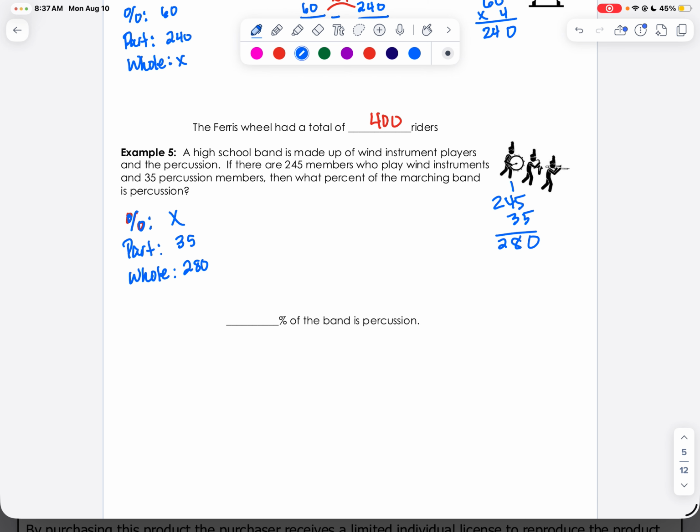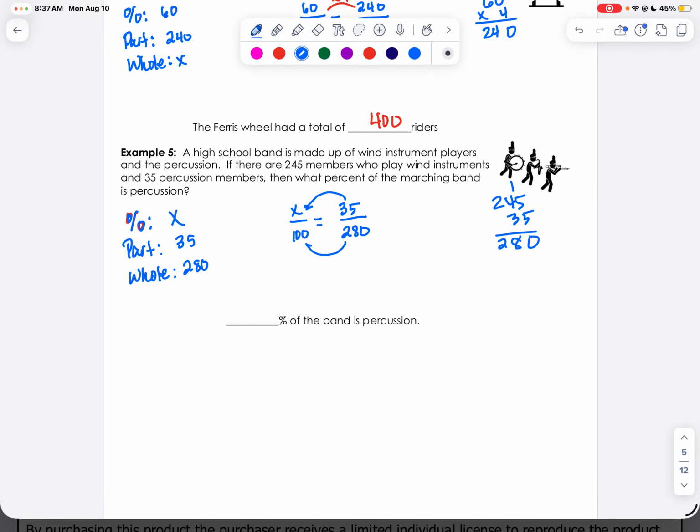All right, so when we set up our proportion, x over 100 equals 35 over 280. So I'm trying to find x, which means I need to know what would my scale factor be? What would I have to do to 35 to get x?